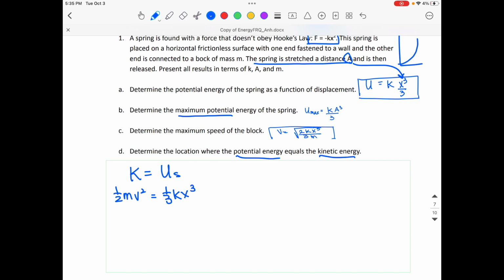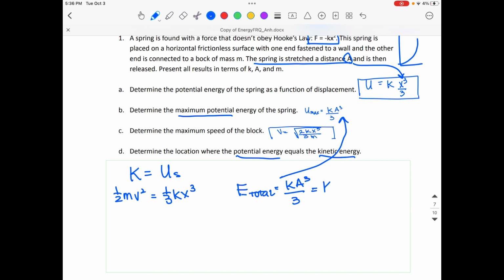The only problem is that I can't set any kinetic energy equal to spring energy. I would have to figure out the total energy, which I know is this. Energy total is equal to kA cubed over 3, and based on conservation of energy, it's always going to equal kA cubed over 3 in the middle of its motion.